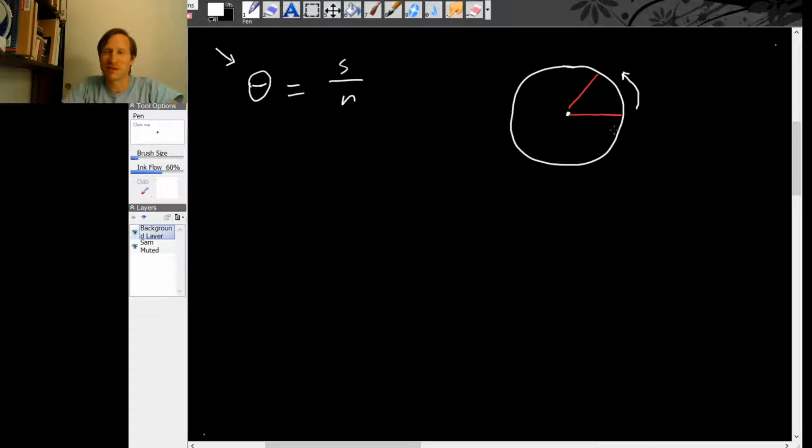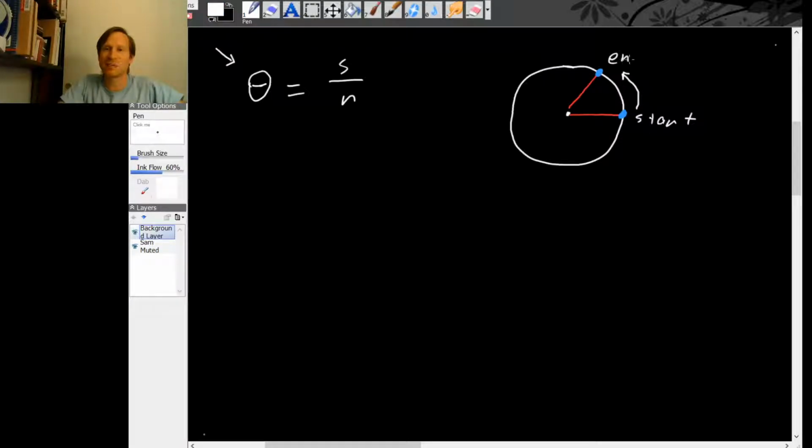be specific, and let's keep track of one point, this blue point on the edge of the circle as the circle rotates. So let's say it starts here on this right-hand side, and after a while it's rotated up to here.